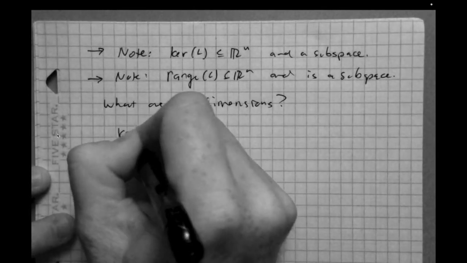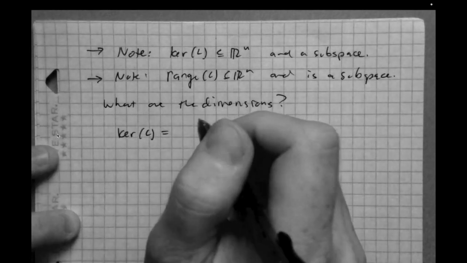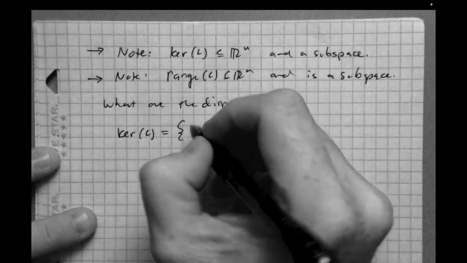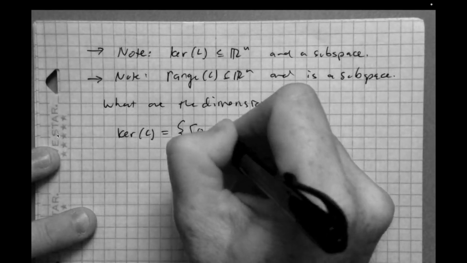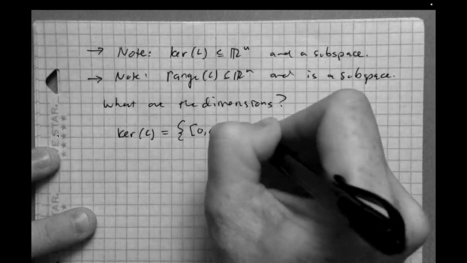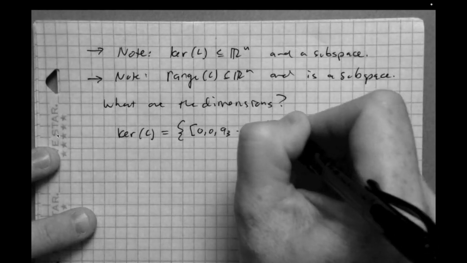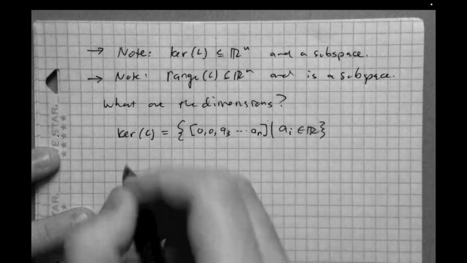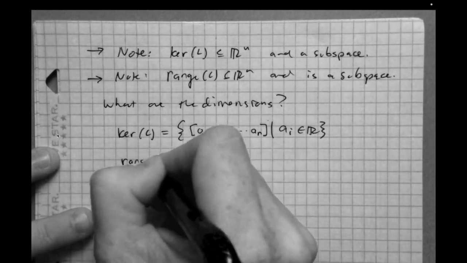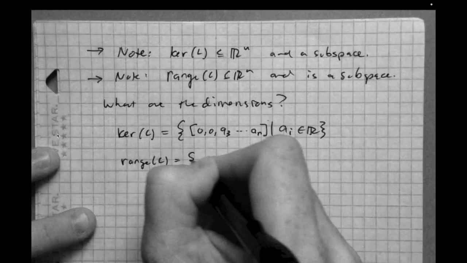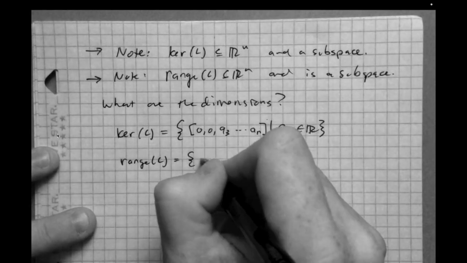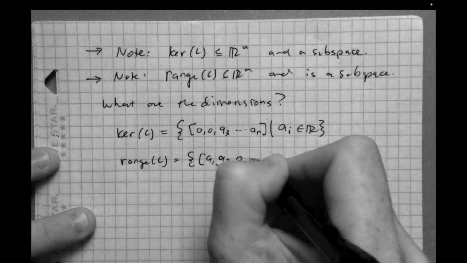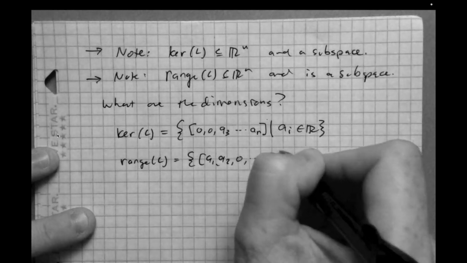Remember we said that the kernel is the set of all vectors (0, 0, A3, ..., AN) such that AI is in R. That's the kernel. And then we said the range was equal to the set of vectors (A1, A2, 0, ..., 0).